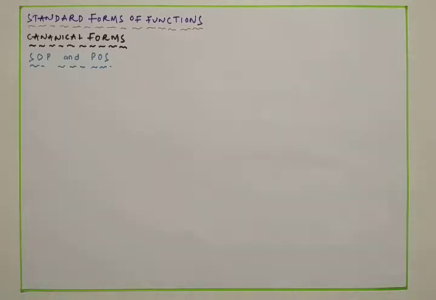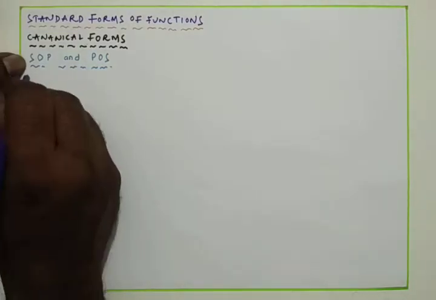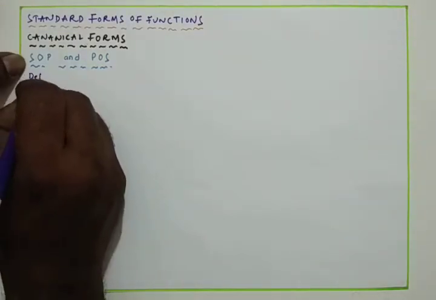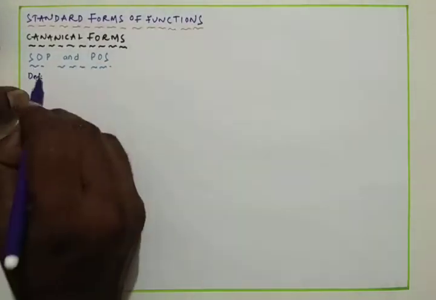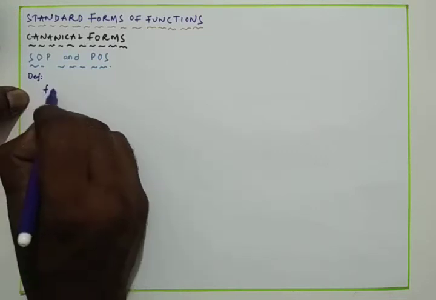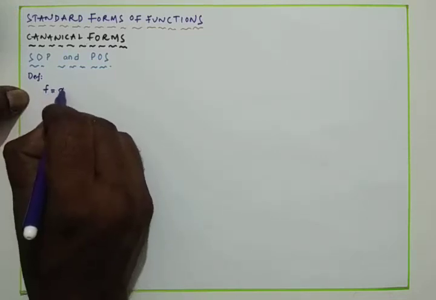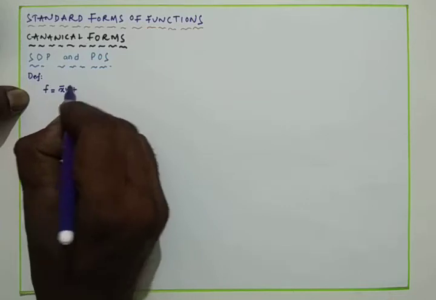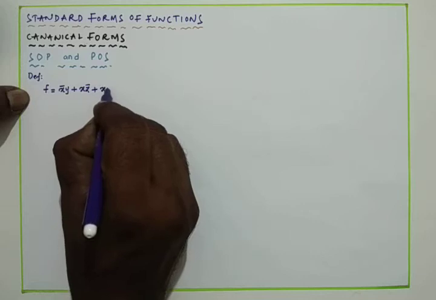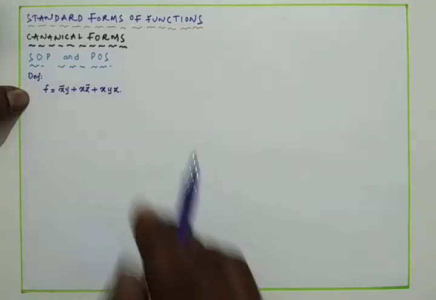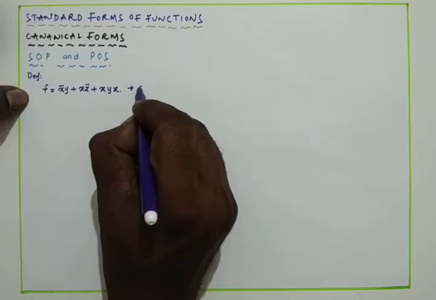In the last class, I gave the definitions for standard SOP and standard POS, along with some examples. For example, F is an output: F equals X bar Y plus X Z bar plus X Y Z. It is the best example for sum of product, SOP.